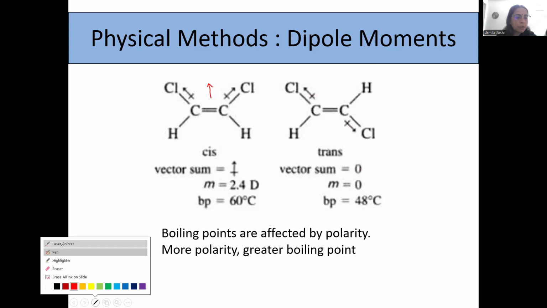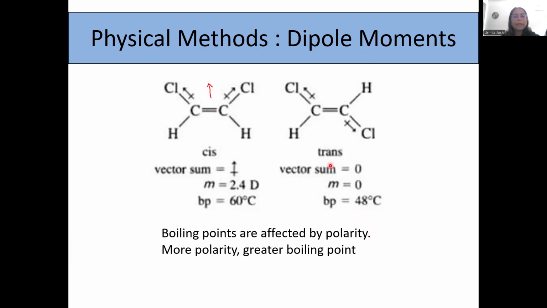Now, just try to understand that boiling points are also affected by the polarity. More the polarity, greater the boiling point. And so, here the cis isomer has a greater boiling point than the trans isomer. So, dipole moments we saw, melting point we saw, boiling point we saw.